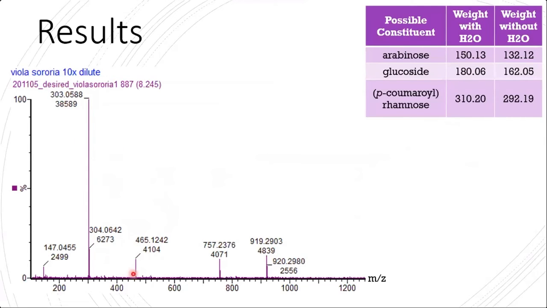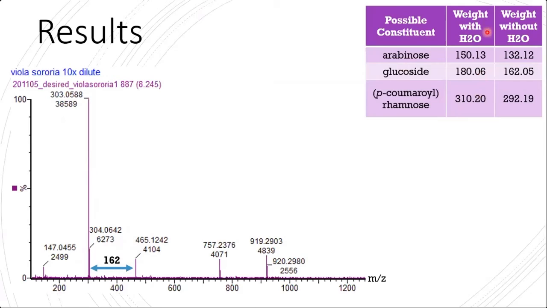This will give us the weight of our constituents. Our backbone was 303, and now we know that our backbone plus a constituent is 465. So we subtract 465 minus 303, and we get a mass shift of around 162. So here's now our possible constituents table.